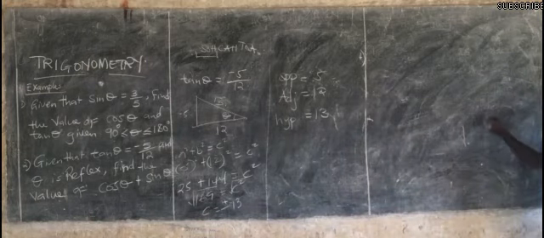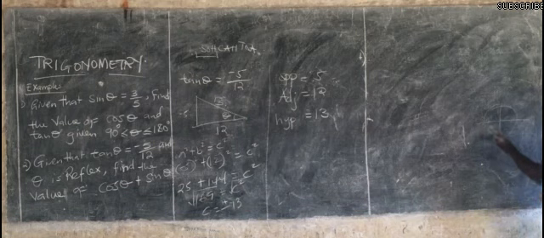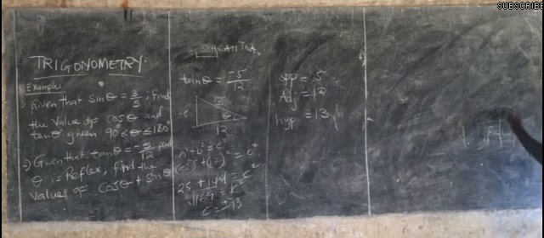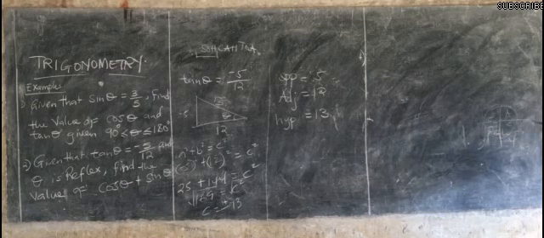So I ask myself a simple question. If we have a quadrant in this form, and we've seen that theta is reflex, it is in the third and in the fourth quadrant. We know that all student teachers came: in the third, tan is positive, and in the fourth, tan is negative, because it is only cos that is positive. So what does this mean?